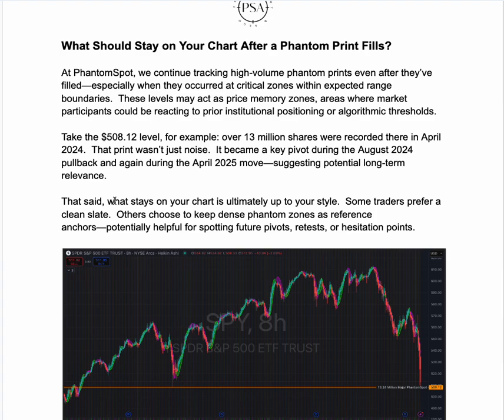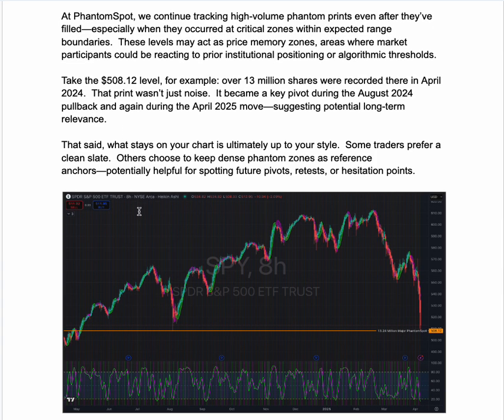You can see the 508.12 level, where 13 million shares were recorded in April of 2024. And you can see on this chart that it wasn't just noise. When we fell in August of 2024, it was near perfect support, and the algos stepped in and bounced it very, very well.